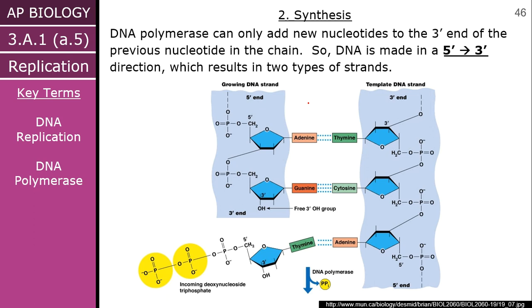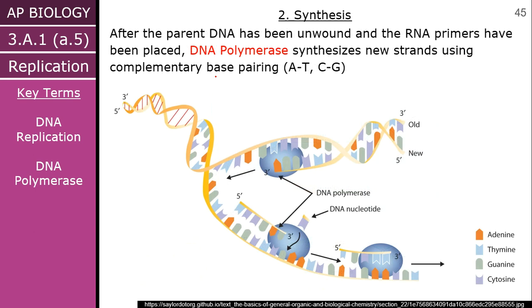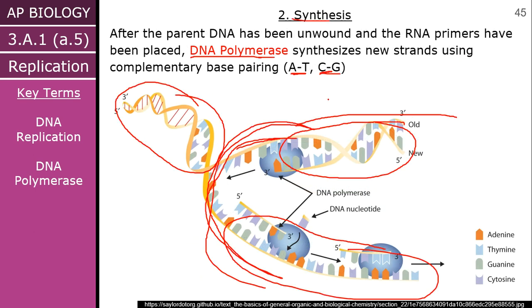So that's great, but DNA polymerase can only go in the 5' to 3' direction, which basically means that as I unwind the DNA, which I'm doing in this image right here, stuff is going to get complicated, because if I'm going in one direction, everything works great. But if I'm going in the other direction, I'm going to have to go in pieces.